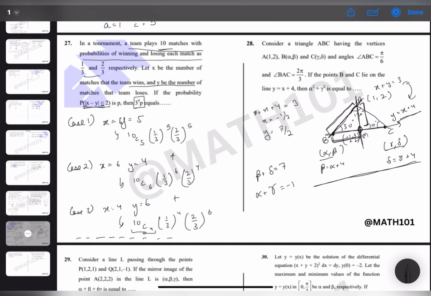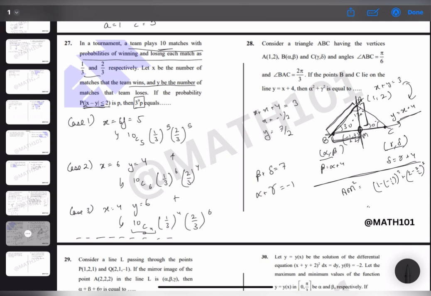So let this midpoint be M. So AM is equals to 1 minus -1 by 2 squared plus 2 minus 7 by 2 squared by distance formula.